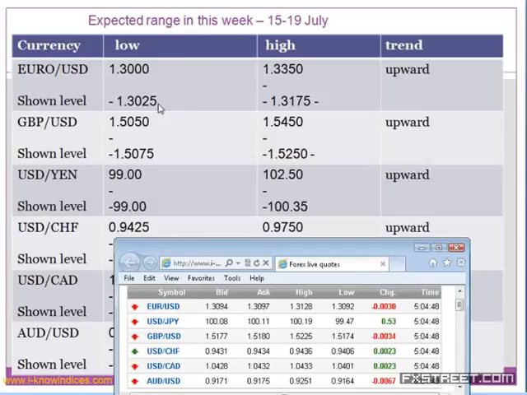They just showed 1.3025 area, and 1.3350 could be the high. They went up to 1.32, closer to that, and they formed 1.3175 as the high, or slightly higher than that yesterday. And they came back to the 1.31 area, and they are expected to gain further today and tomorrow in the case of Euro.